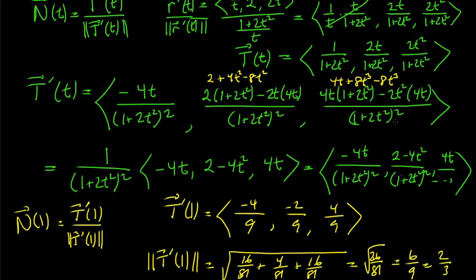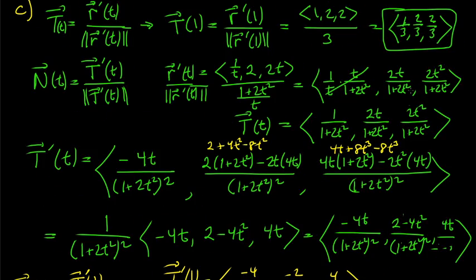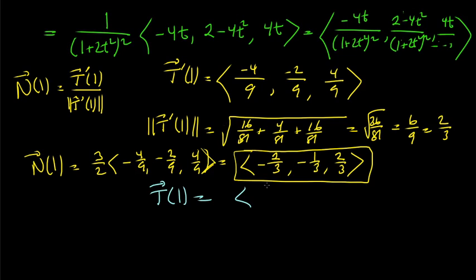Yep. And one way to check fairly quickly that this at least is reasonable is if we take the dot product with T of 1. So just to remind you what T of 1 was, the unit tangent vector at 1. Right, it was 1/3, 2/3, 2/3.